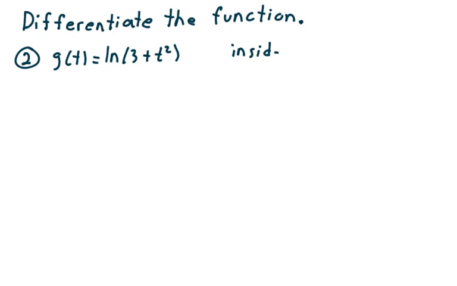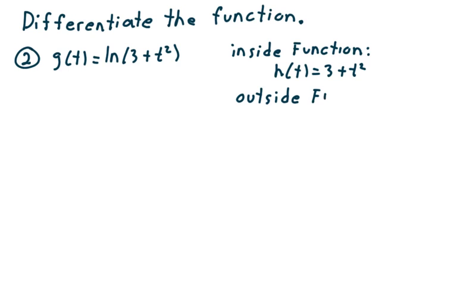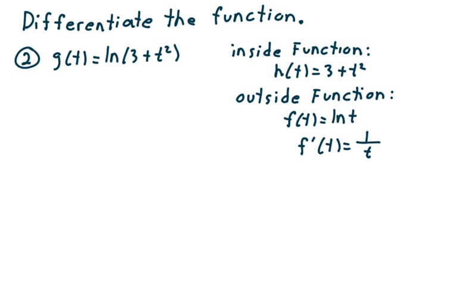The inside function, we'll call it h of t, is 3 plus t squared, and the outside function, which we'll call f of t, is equal to natural log of t. But remember, f prime of t is equal to 1 over t.